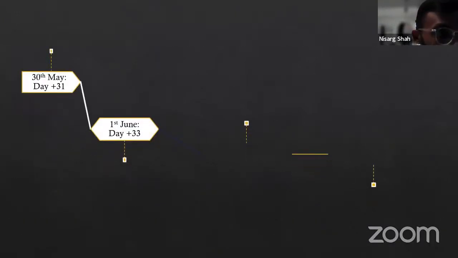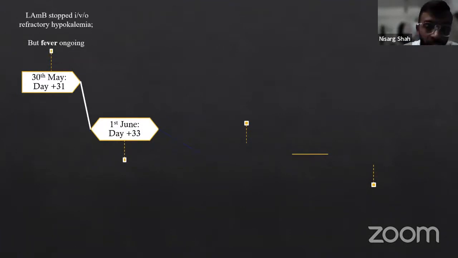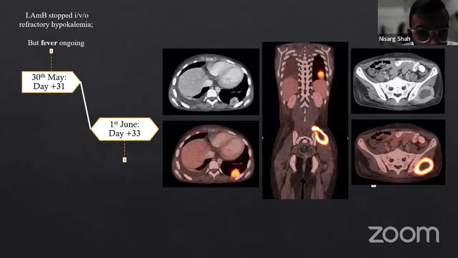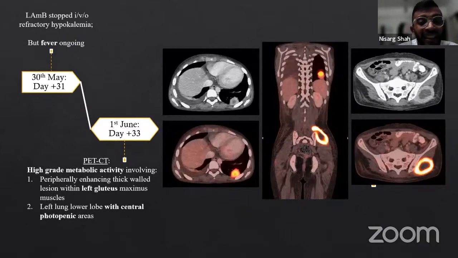Now on 30th May, which was day plus 31, we had to stop amphotericin B because of refractory hypokalemia, but fever was ongoing. Now on 1st of June, because of ongoing fever, we performed PET-CT. So what is this showing? There were just two areas of high-grade metabolic activity.